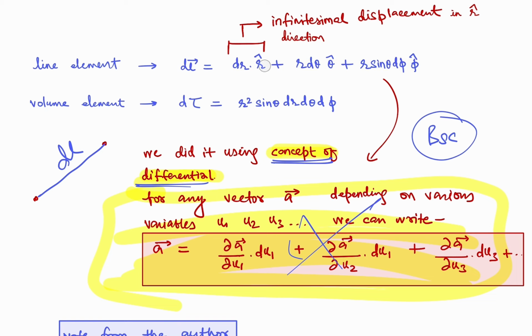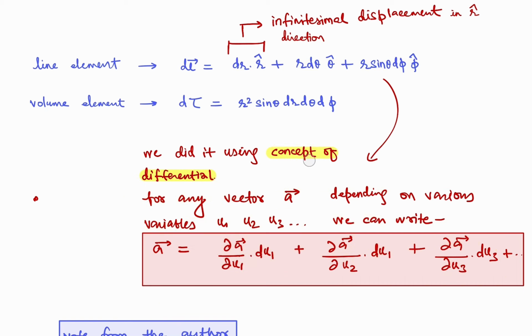Now we are required to find the line element. The line element is the distance between two points in a spherical coordinate system. So the line element is dr r cap, r d theta theta cap, and r sin theta d phi phi cap.